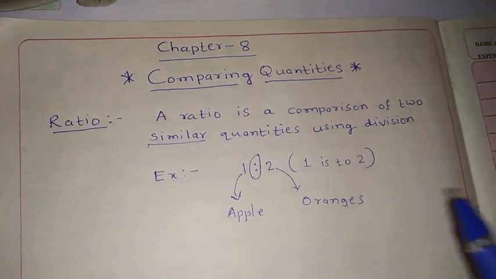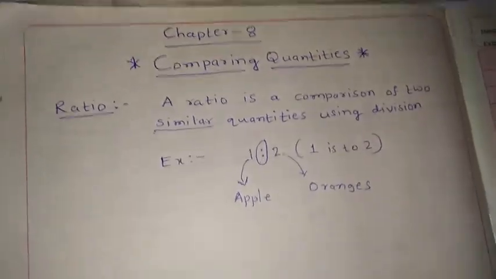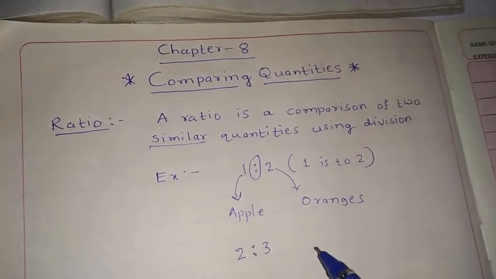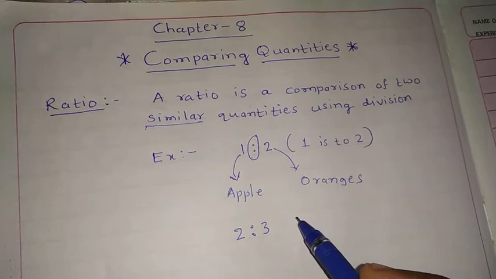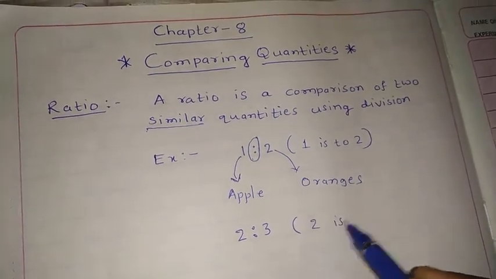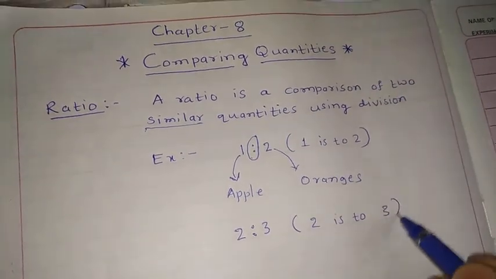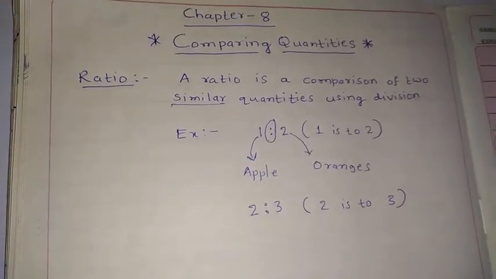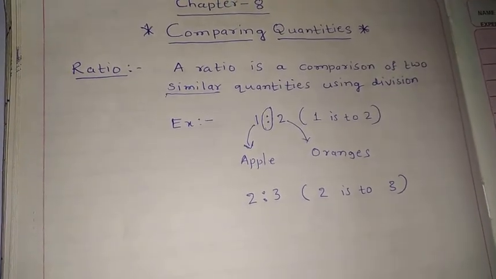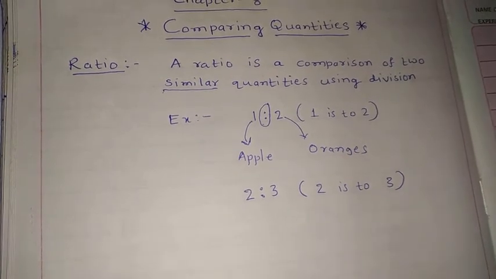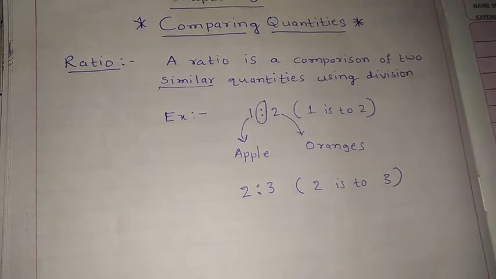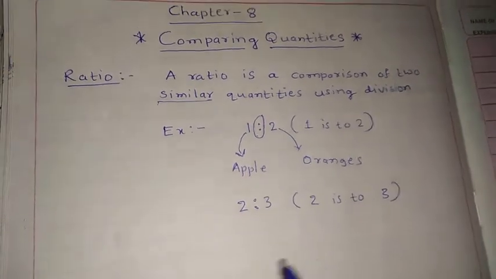So the next one is 2 is to 3. It is another example. How to read this one? 2 is to 3. So this is regarding the definition of ratio and the example. And the next thing is how to write a ratio in the form of a fraction.